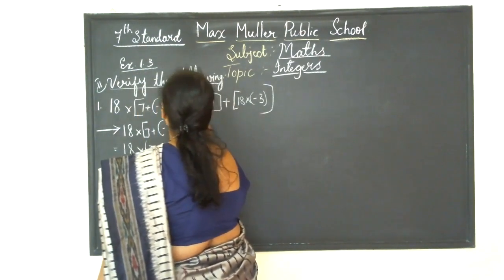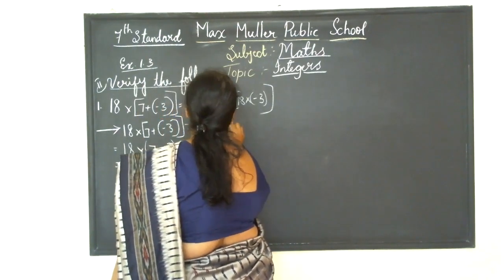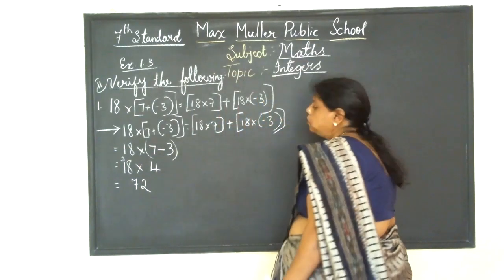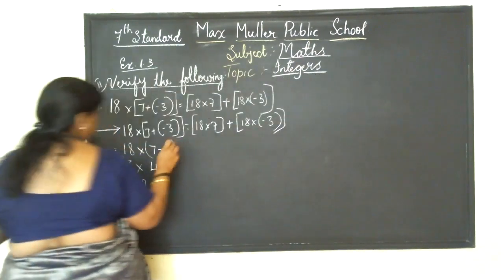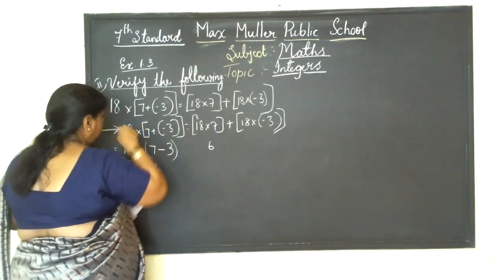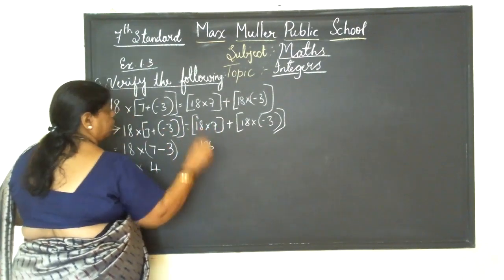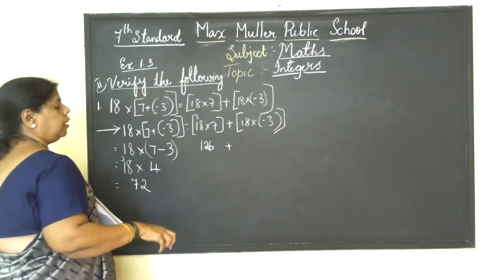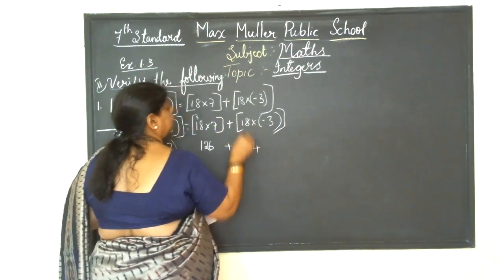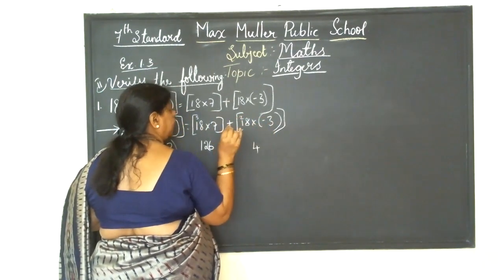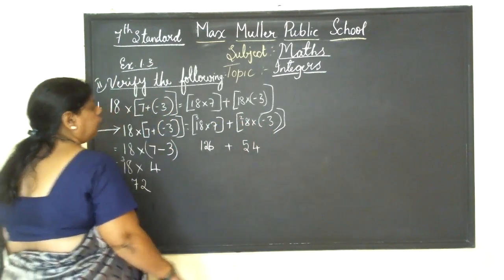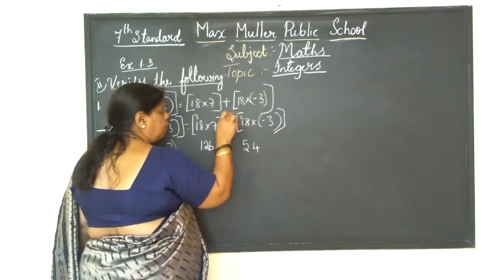18 sevens: 7 eights are 56, 5 carry, 8 ones are 8 plus 5, 13. So 126. Then 18 into 3: 3 eights are 24, 8 ones are 8 plus 2, 10, so 54.